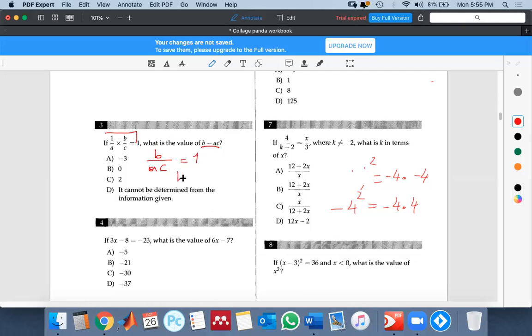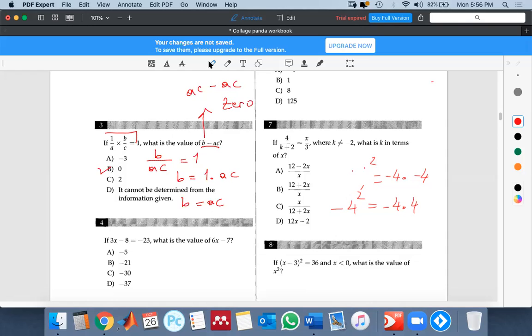Cross product, B is equal to 1 times AC. So B is equal to AC. So the question is B, which is AC, minus AC. AC minus AC is 0.